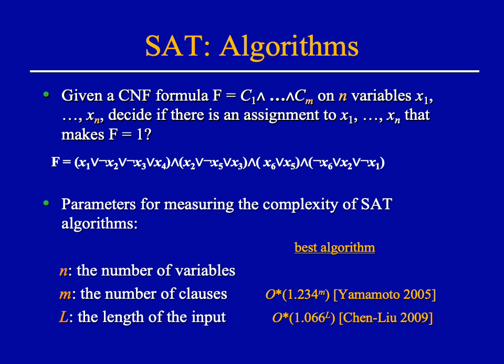This is about 10 years ago. But really, the most important parameter in algorithm development for satisfiability is n, i.e., the number of variables. So in the following discussion, we'll concentrate on this parameter n.